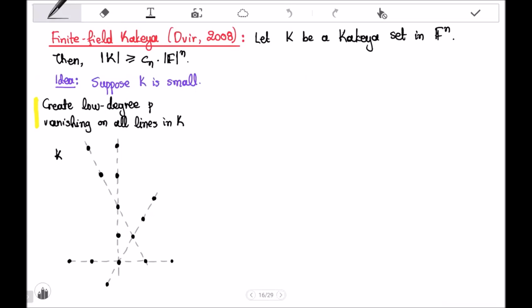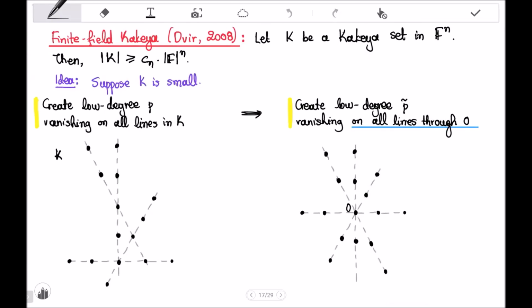And from this, we'll take another polynomial that vanishes on all the translations through 0. So we'll translate all of our lines to pass through 0. The point is that these lines point in all possible directions. So when you translate them to pass through 0, you create all lines through 0. In other words, you create a whole space. So you get another polynomial of low degree, same as the original actually, that vanishes everywhere.